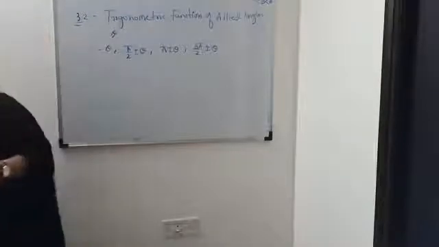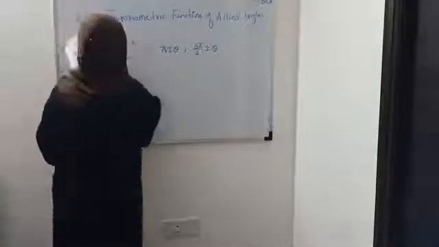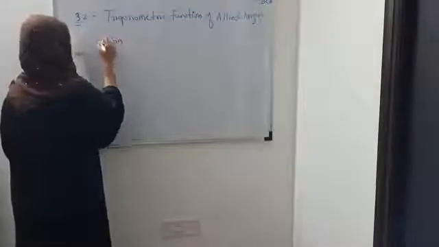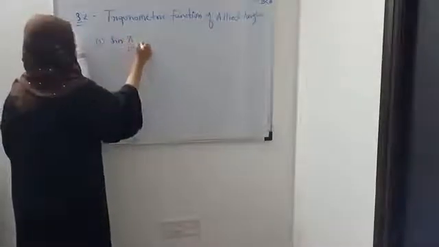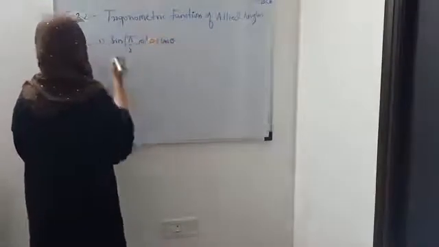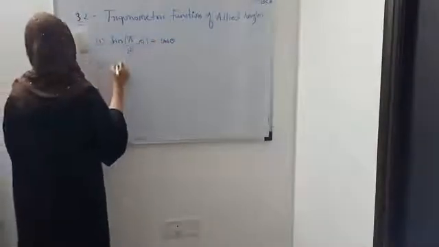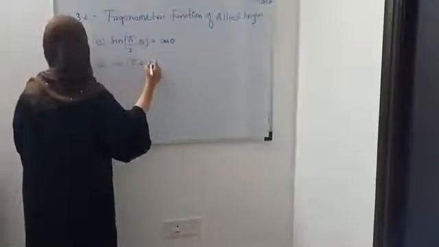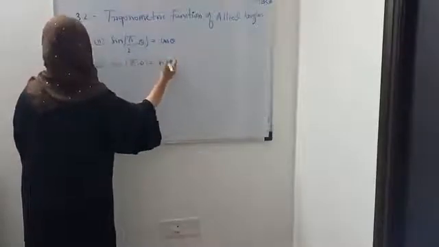So in the previous section, we have seen some results for sin pi by 2 minus theta. I hope you remember this. It is cos theta. Then cos pi by 2 minus theta is sin theta.